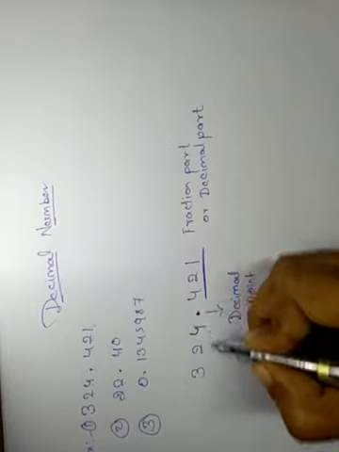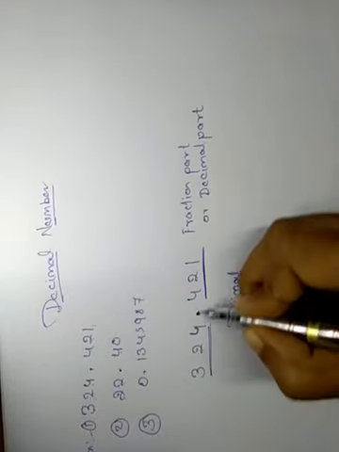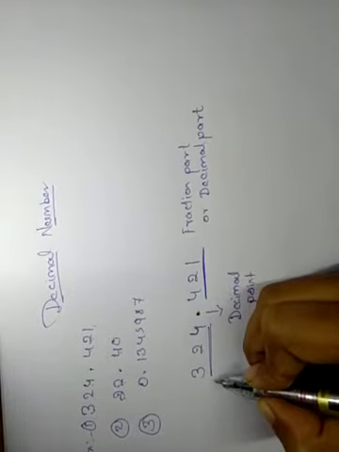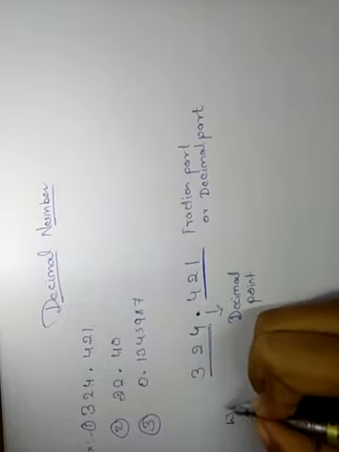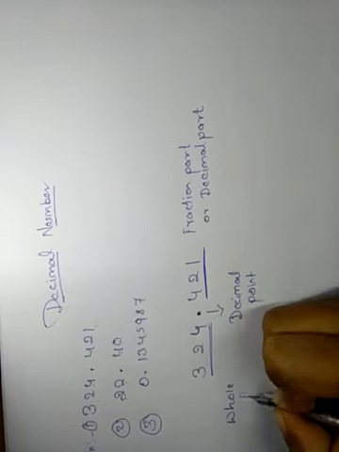And the numbers which are present before the decimal point are called the whole part. This place is called the whole part.